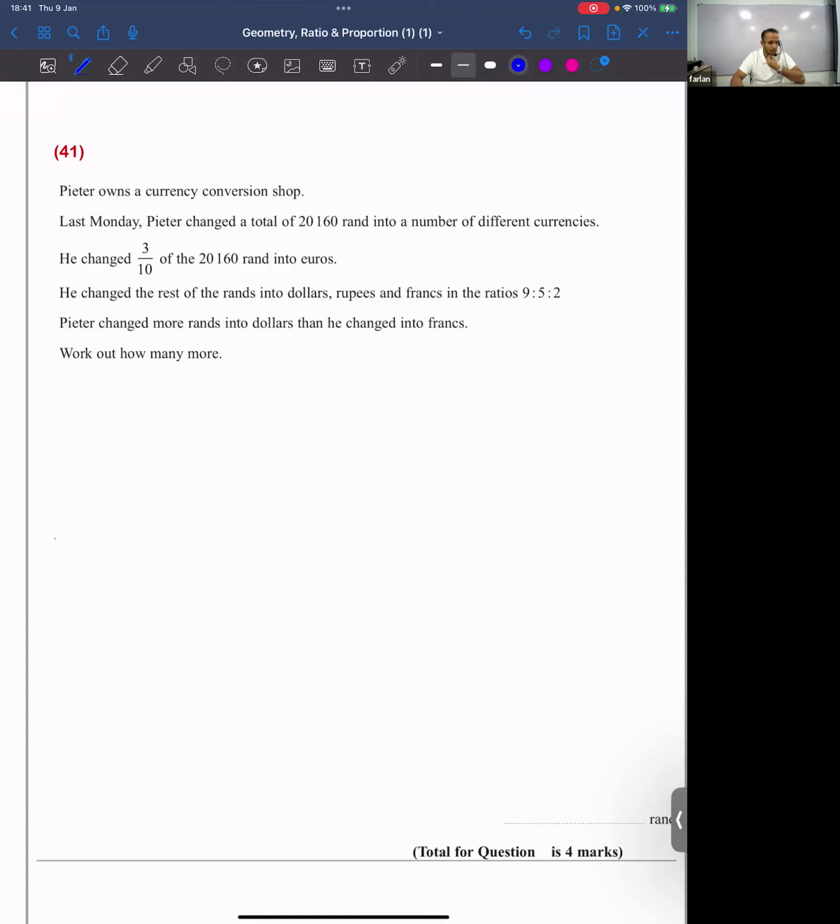He changed 3/10 of the amount to euros. He changed the rest of the rands into dollars, rupees, and francs in the ratio 9:5:2. He changed more rand into dollars than he changed into francs. Work out how many more.